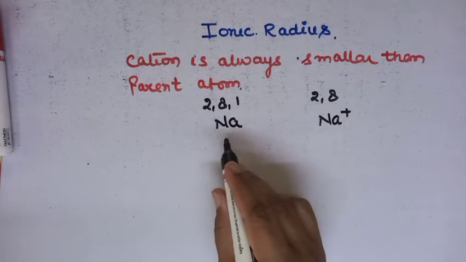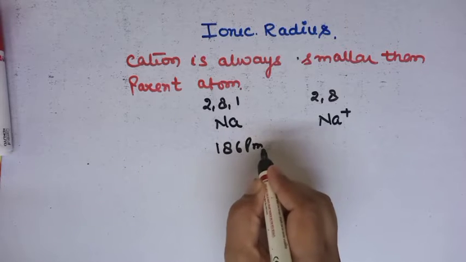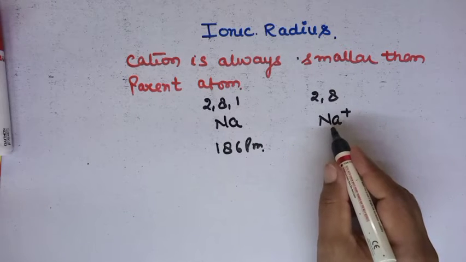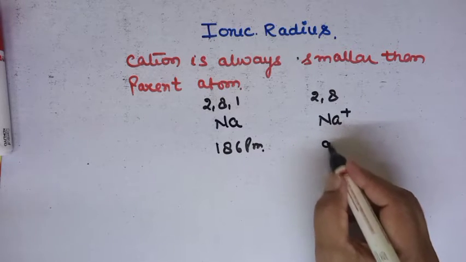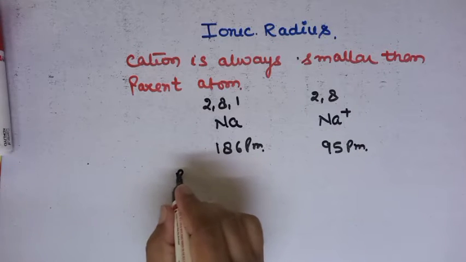The radius of sodium atom is 186 picometer, whereas the radius of cation Na plus is only 95 picometer. Now, what is the reason for this?